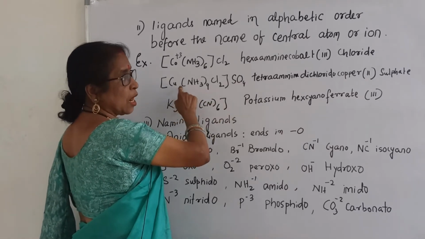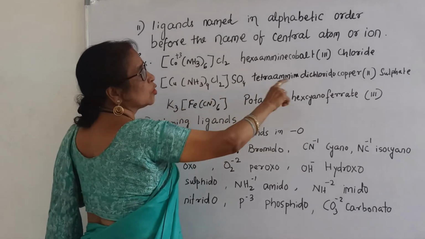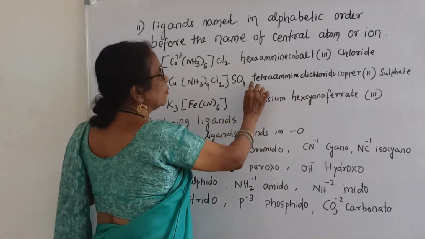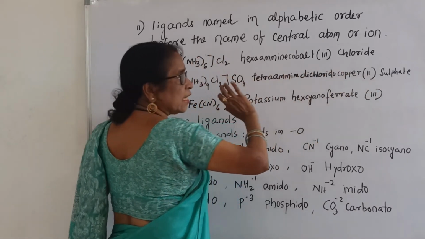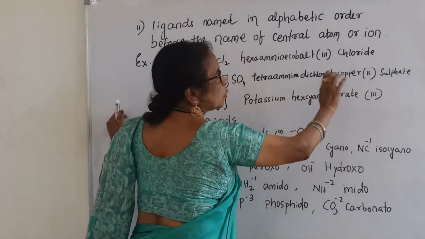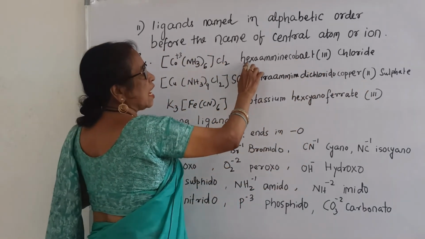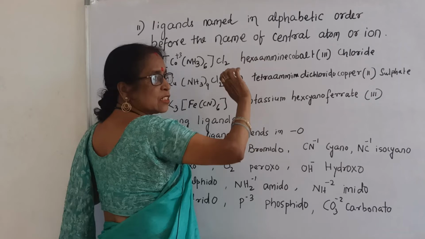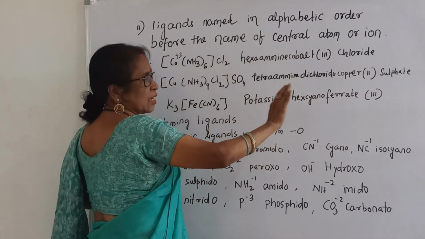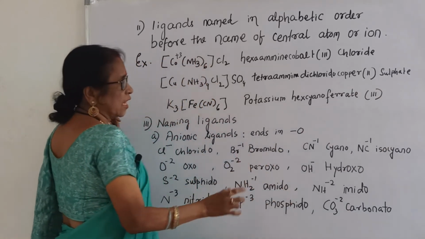I told you the Roman numeral you will put, so copper 2, and this is separate, sulfate. That means from here to here there is no gap. Tetraamine copper 2, there is no gap. Hexaamine cobalt 3, there is no gap. There is no capital letter. Sulfate is the outside part, so you write sulfate after a gap.